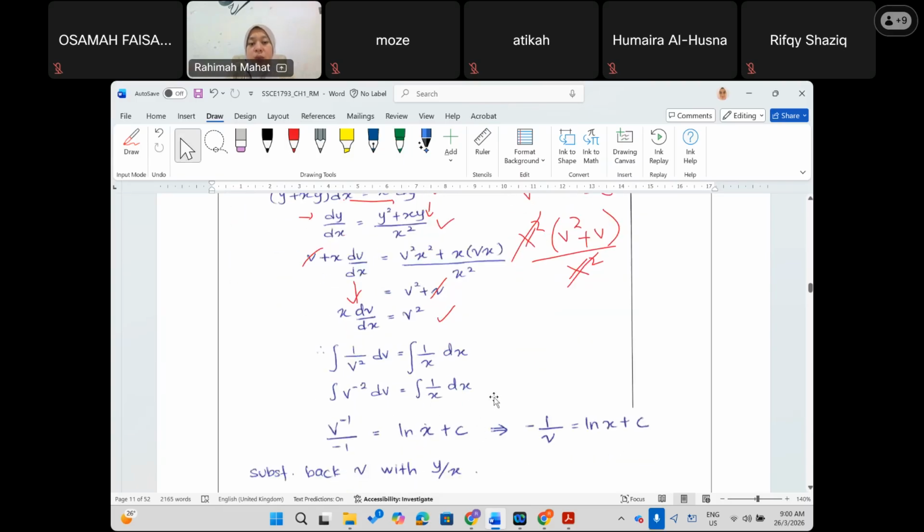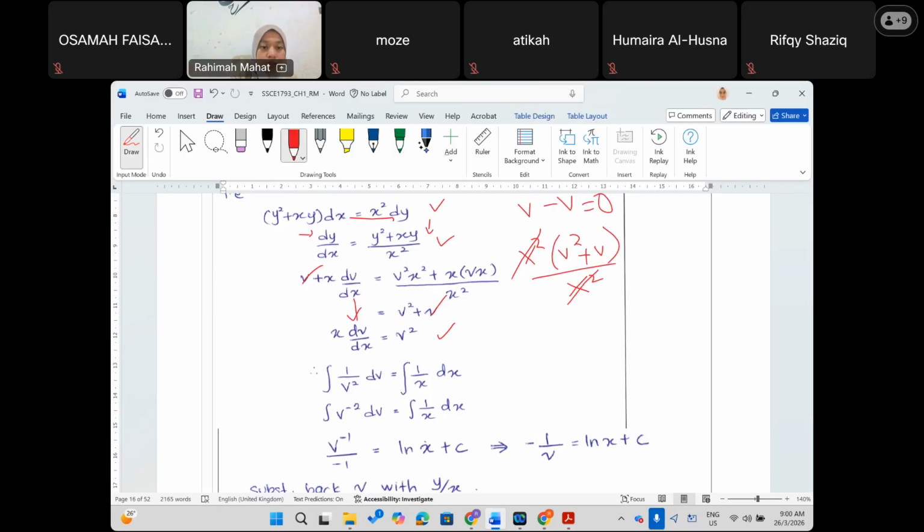After that, you go into the separable form, where you need to separate between v and x. Your v squared, you move to the other side here, your v you move to here, and your x you move to the right-hand side. So you get into this form, and you start to do the integration. This one you bring to the upper part, so you get v power of -2, and you do the integration.